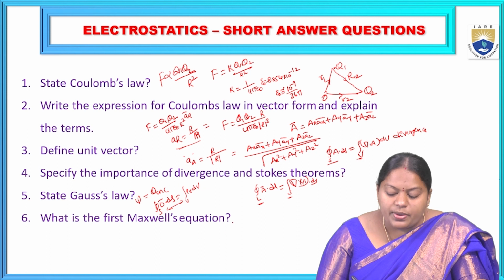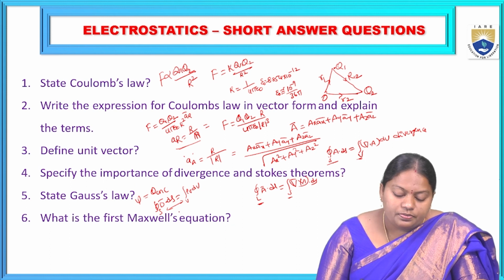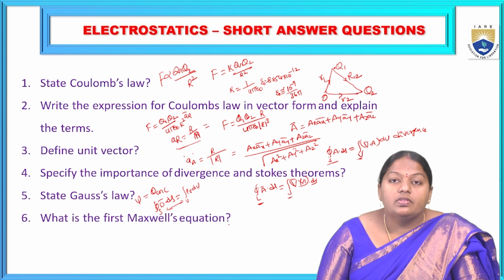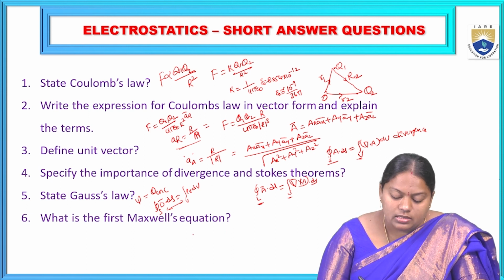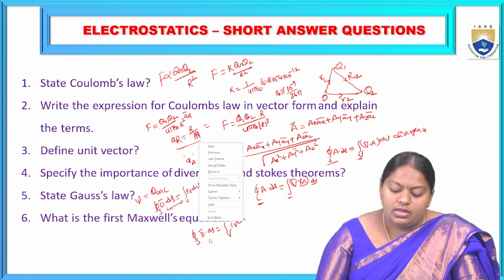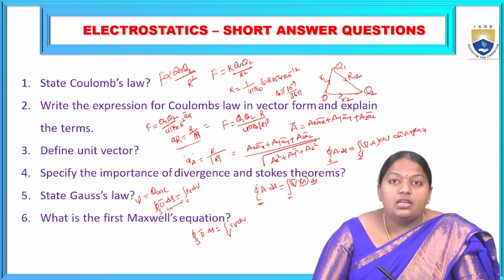Next, what is the first Maxwell's equation? According to Gauss law, we derive the first Maxwell's equation for electrostatic fields: closed surface integral over S of D dot dS is equal to integral over V of rho_v dV, which is the integral form.